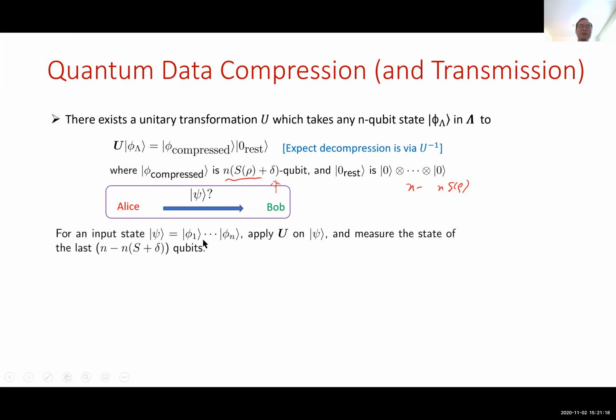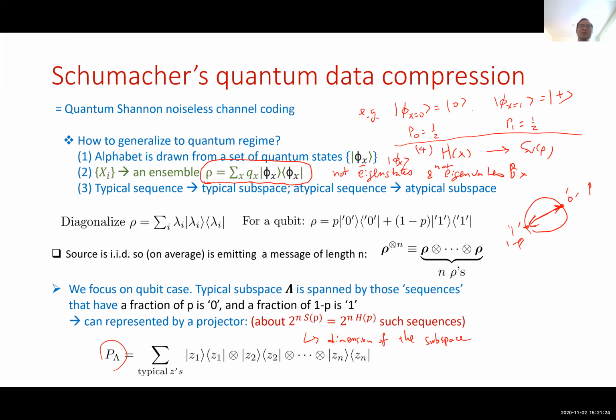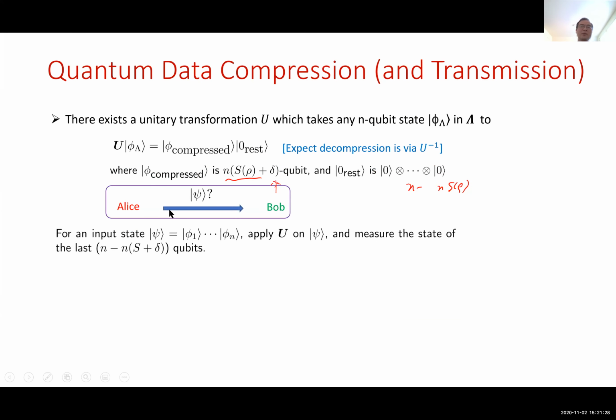So these phi could come from the source emitting. Initially, you emit according to this distribution, but I don't want to directly send this over to Bob. Instead, I want to apply U to compress. When I compress, I desire that the last few qubits should be in 0.